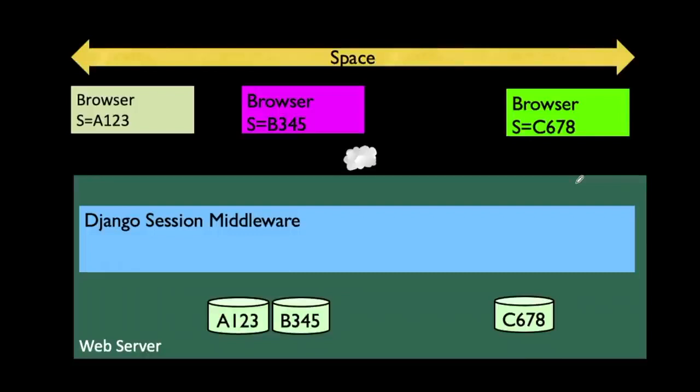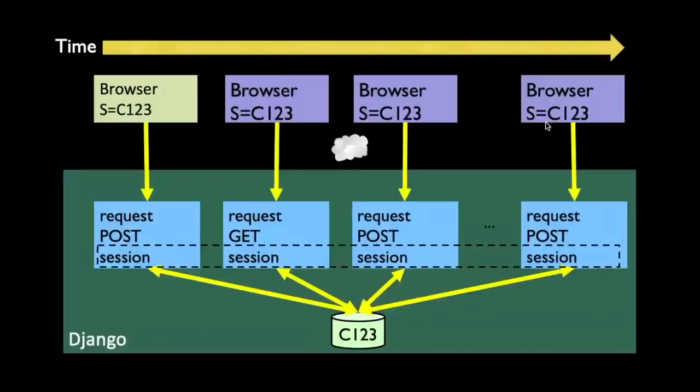A browser sends a request in, and it sends its cookie along with it. The Django middleware looks among all the sessions and connects it up, and then it does the request. So there are many browsers, each with a different number, and many sessions, each with a different number. And part of connecting is creating it.